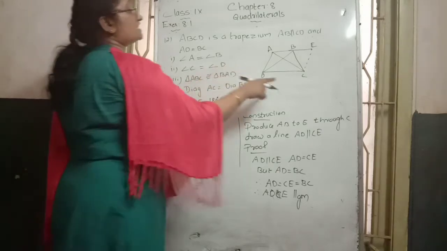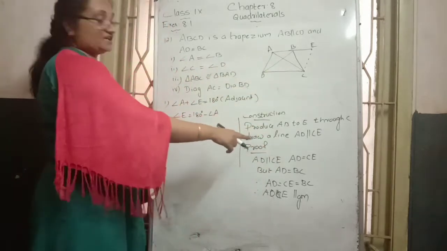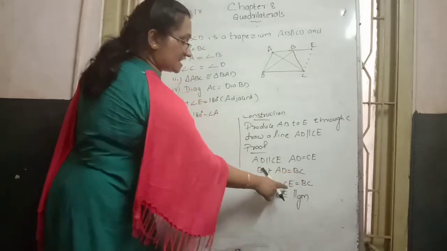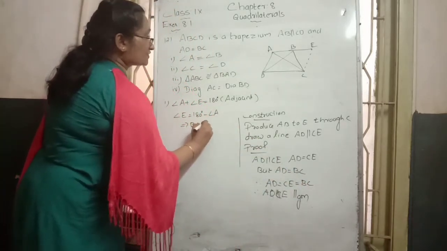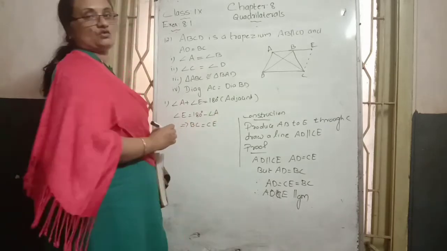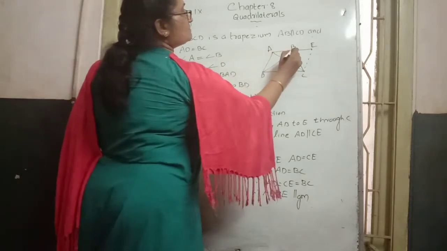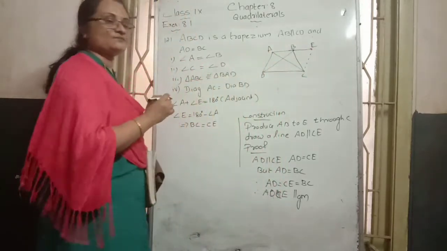But here we know that BC and CE are equal. So angle B and angle E become equal.